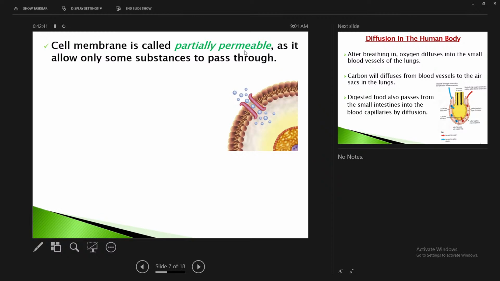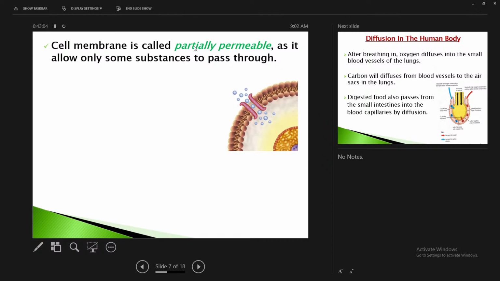When we use the term partially permeable, what do we mean? It means the cell membrane only allows some substances to move across, whether leaving the cell or entering the cell. So the cell membrane is normally described as being partially permeable.